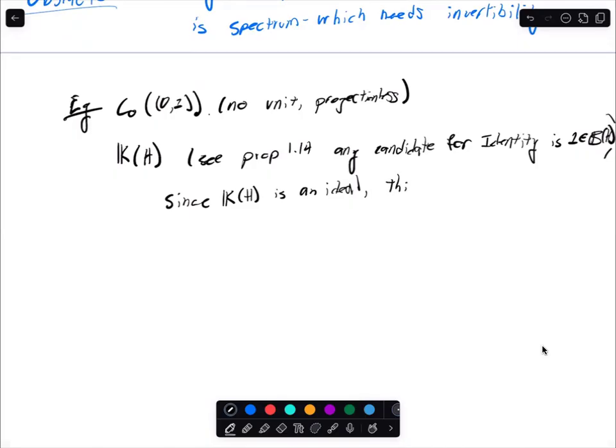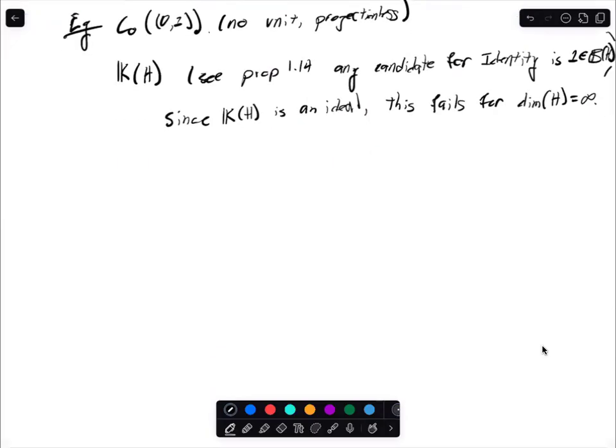This fails for the dimension of H, say, equal to infinity. Nevertheless, there's something that we can do. In this first example, we can consider that the continuous vanishing functions on (0, 1) actually sit as a C-star subalgebra of the continuous functions on the closed interval from 0 to 1.